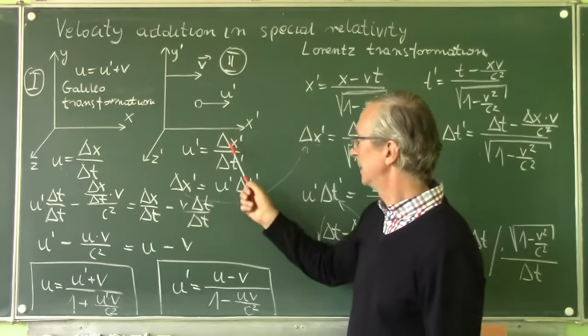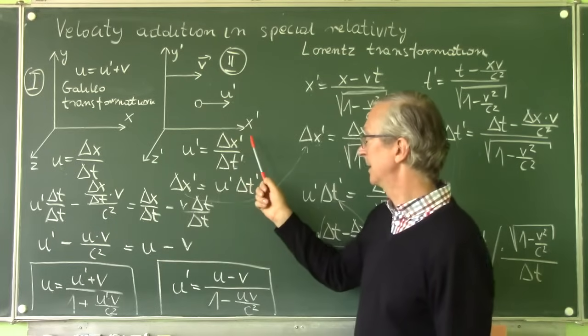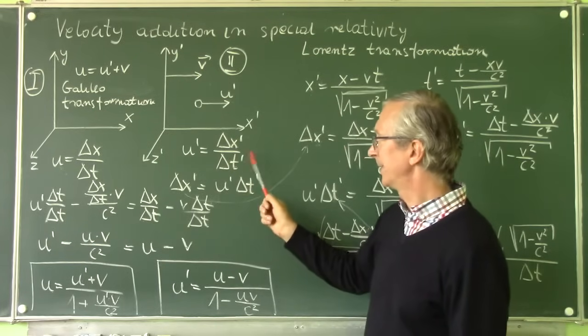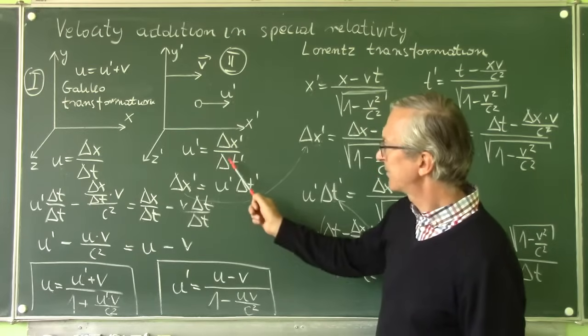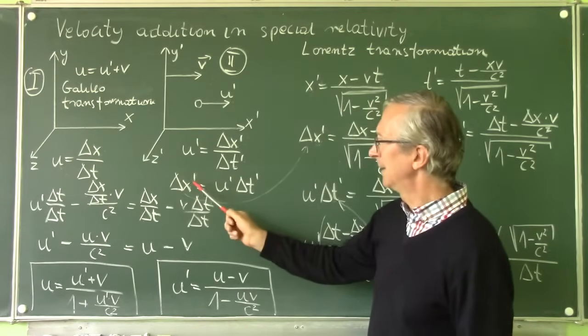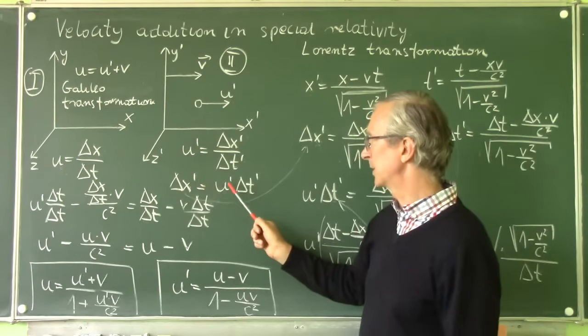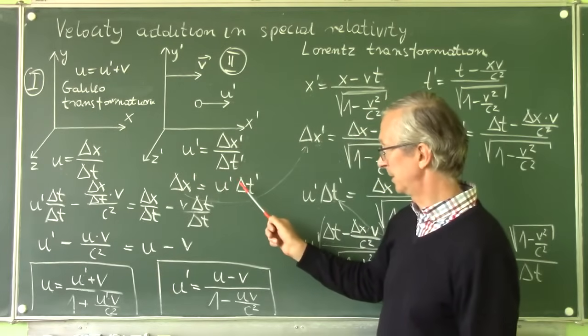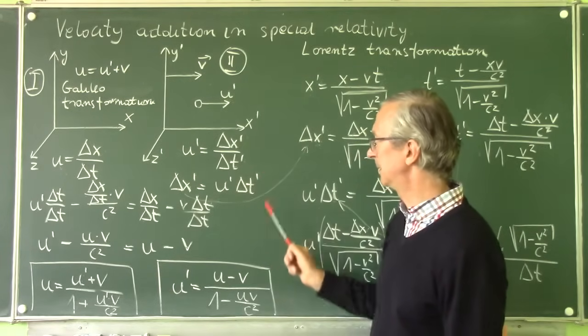It's equal to delta x dash divided by delta t dash. We will transform this second equation to such form: delta x dash equals u dash times delta t dash.